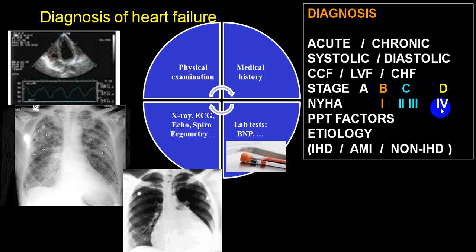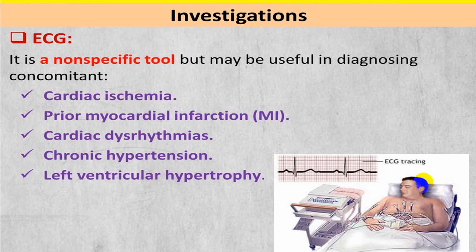You should be able to stage it according to ACC, ABCD, or NYHA 1 to 4. You try to identify precipitating factors and the exact etiology for congestive heart failure, whether it is ischemic, acute MI, or non-ischemic groups, etc., should be easily answered.